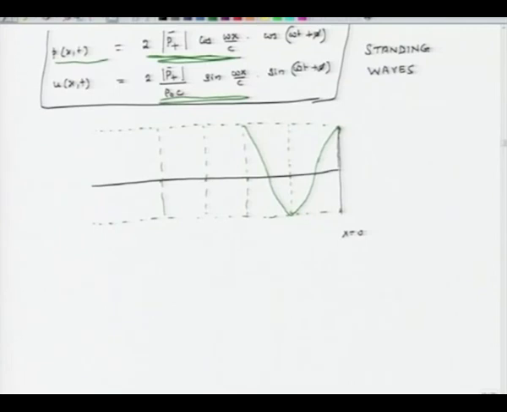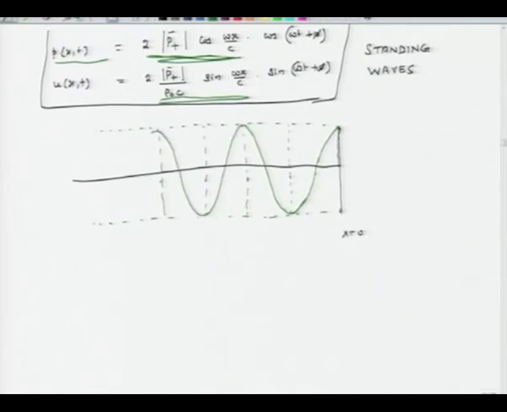This is not a good depiction, so let us try to do it better. It varies like this. And the mirror image of this envelope is something like this.